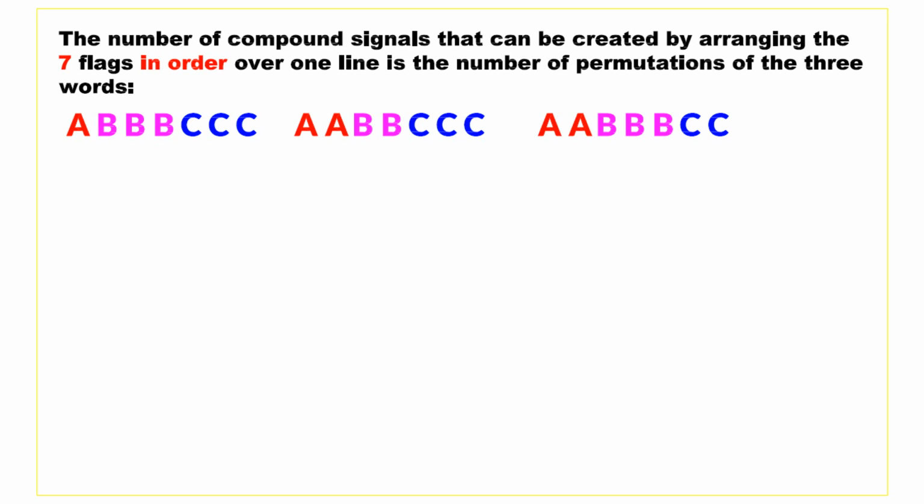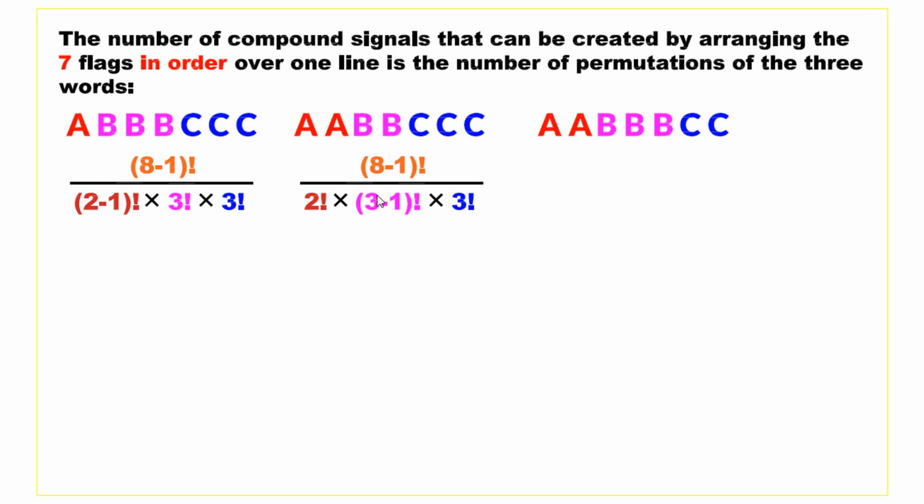Now we write the corresponding permutation of each. For the first one, we have here 7 letters and we have here 2 minus 1 because we took 1 letter A off. And here we find 3 minus 1 because we took 1 letter B off, and here we find 3 minus 1 because we took 1 letter C off.